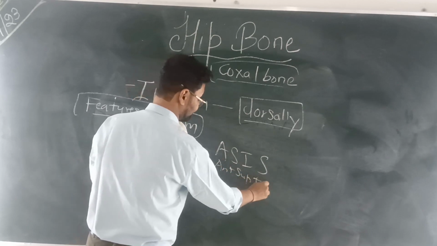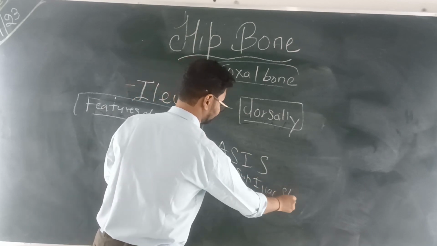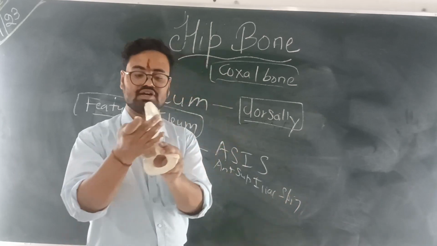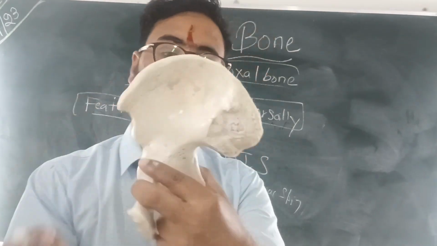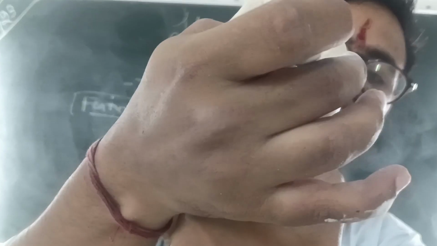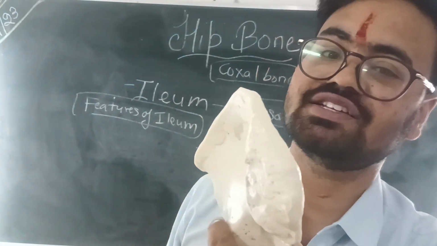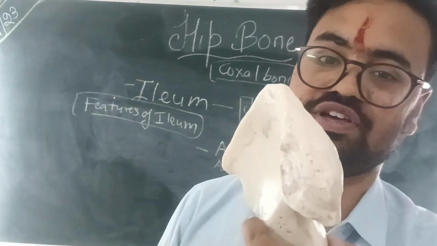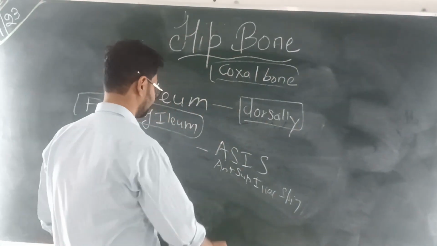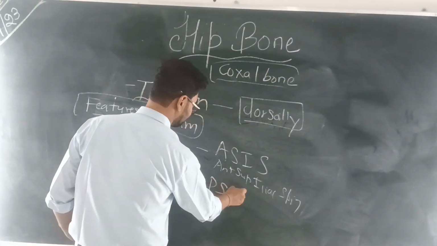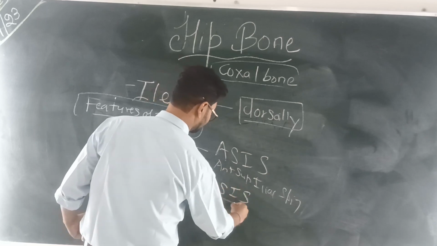Anterior superior iliac spine. And this protuberance is the posterior superior iliac spine.